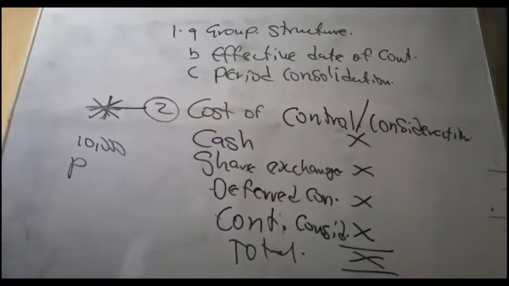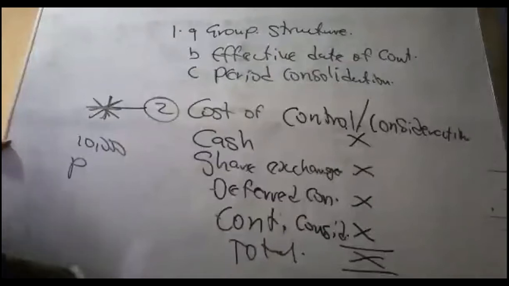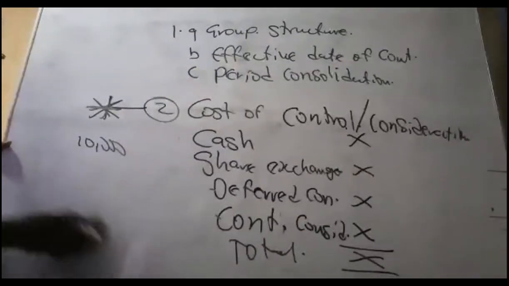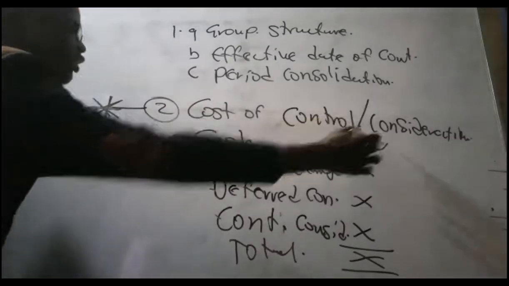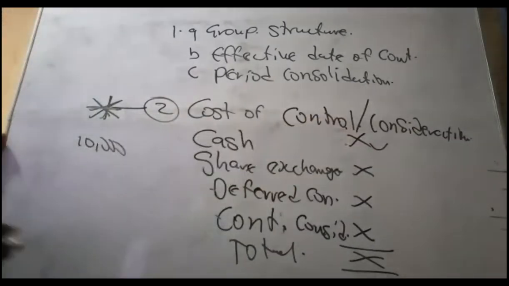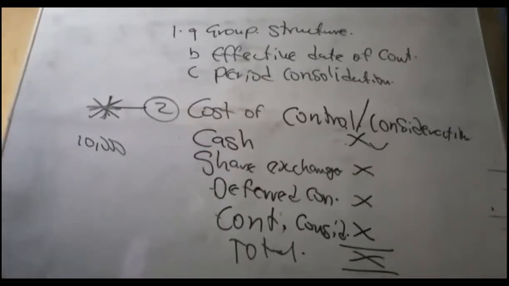Now, let us go through the accounting treatment of each of them. For cash, you don't need to worry. If you pay cash, how do you treat it? In the books, by the parent, by the subsidiary, in consolidation. So, cash payment. You bring it here, double entry will be here, and then the parent will add it to its investment, but we are going to reverse that.